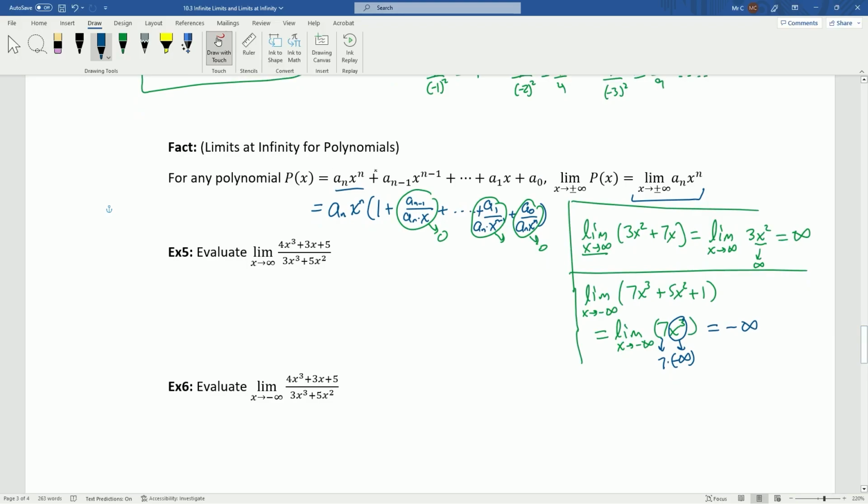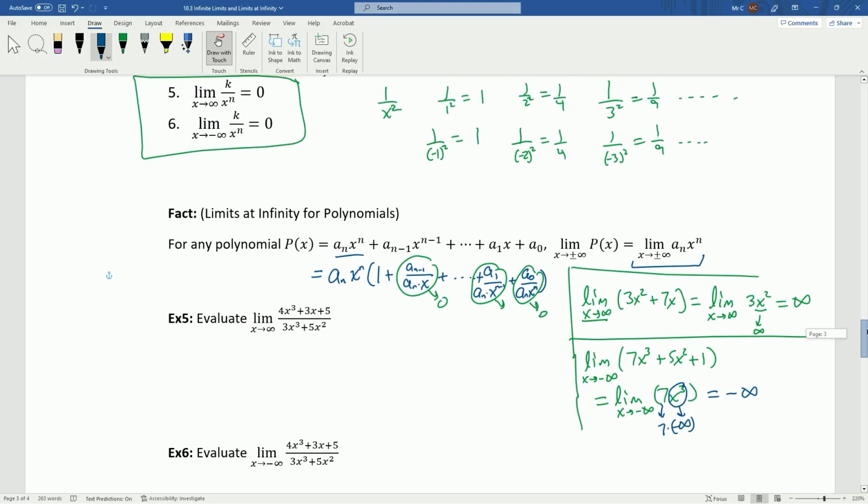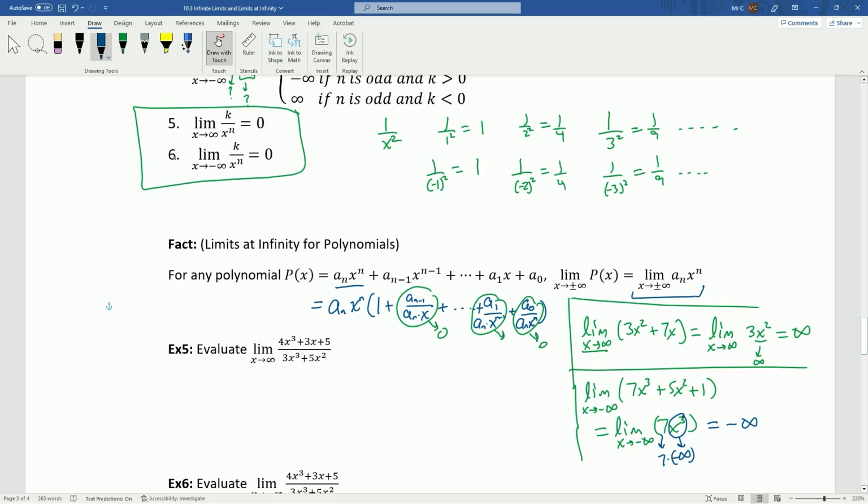Okay, so that's how we deal with polynomials when we're taking limits to infinity. Now let's look at some rational functions. Now for rational functions, we want to use these two properties, 5 and 6. If I have a constant over x to a positive power, the limit as x goes to plus or minus infinity is 0.